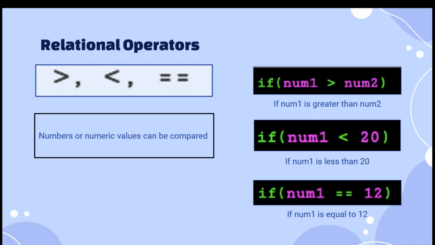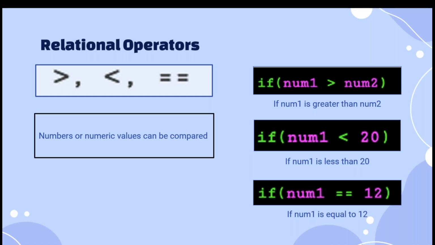So today we're going to learn something called relational operators, which will allow us to make more complex decisions than what we were just doing. Let's see how we can do that.